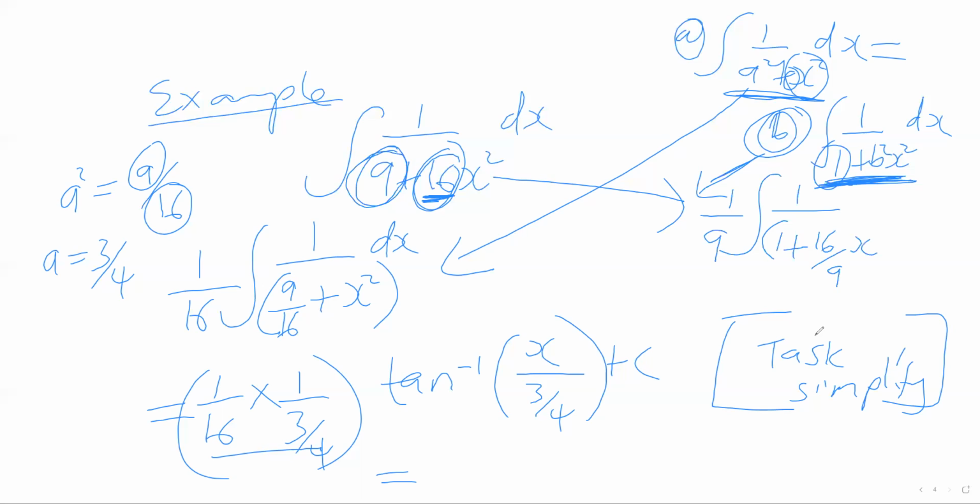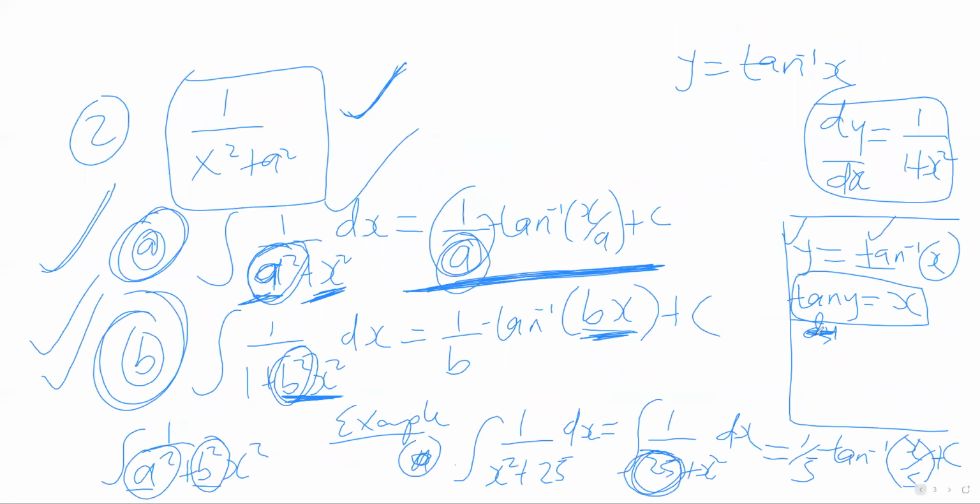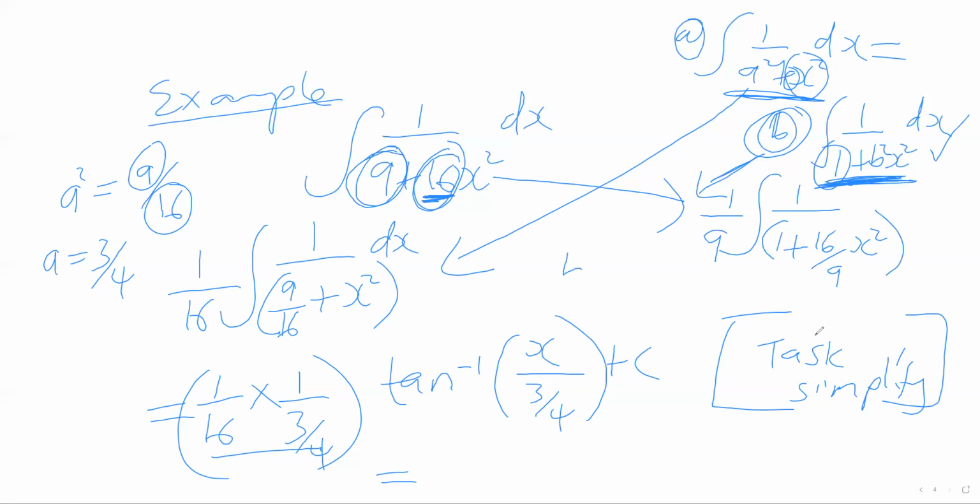Then we have x squared here. And then after we do that, meaning we are integrating using this idea here, we have 1 over b, which means in our case, b squared is 16 over 9. Meaning b is 4 over 3. That's the square root, guys.